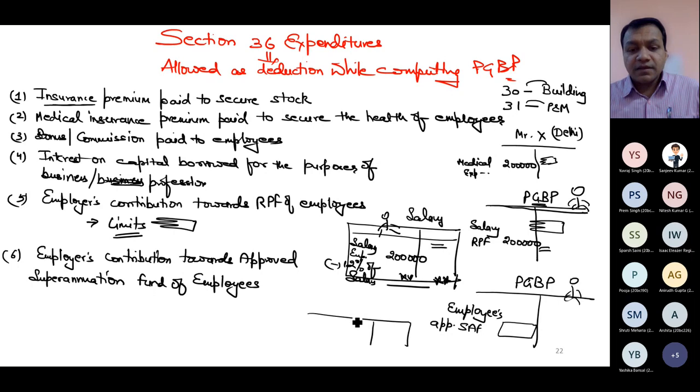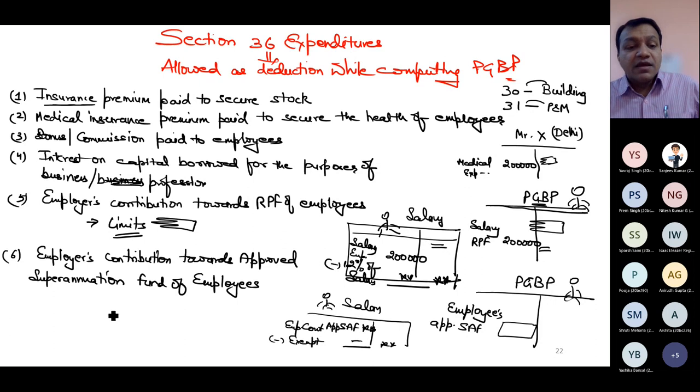The same amount in the salary, the employee will include as salary: employer's contribution or income from approved superannuation fund. Again, that is also taxable but subject to some limits. Minus whatever is exempt, you will exempt, and the remaining you will tax. Here also there are some limits on the maximum I can contribute towards this fund.